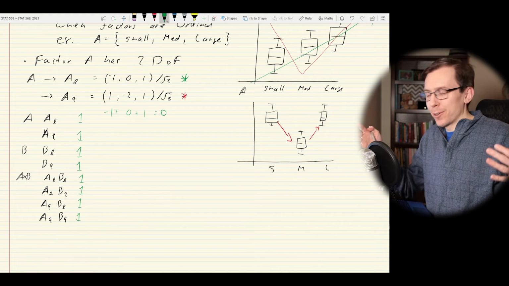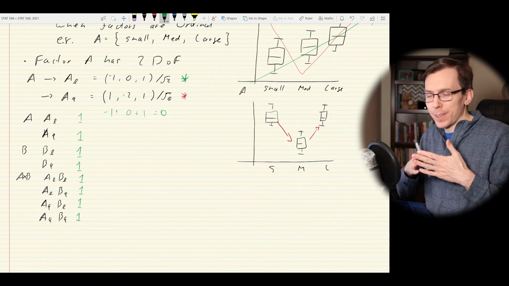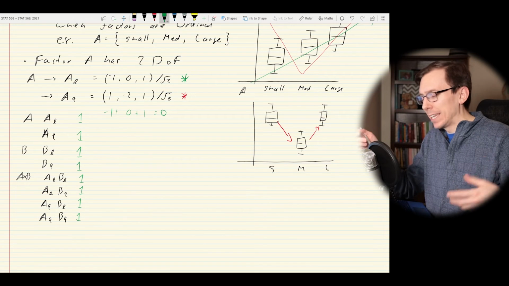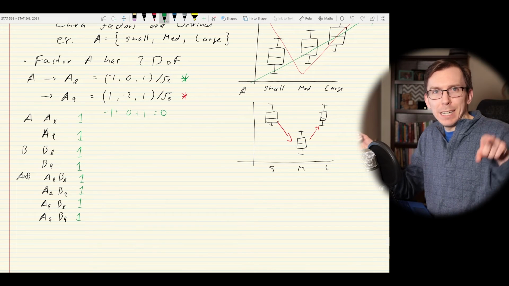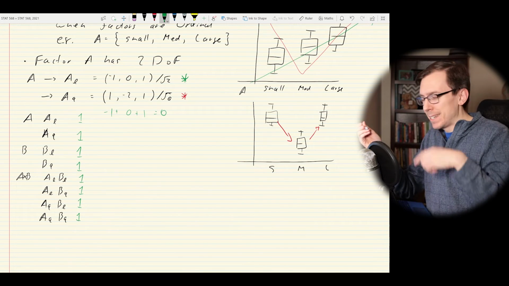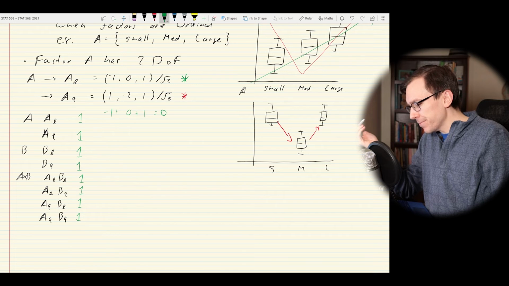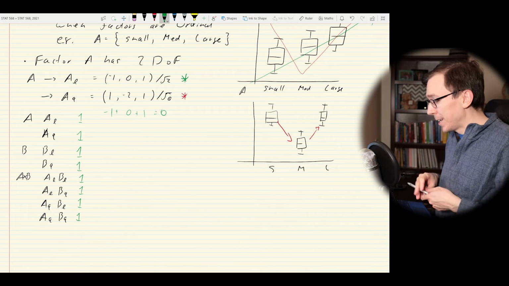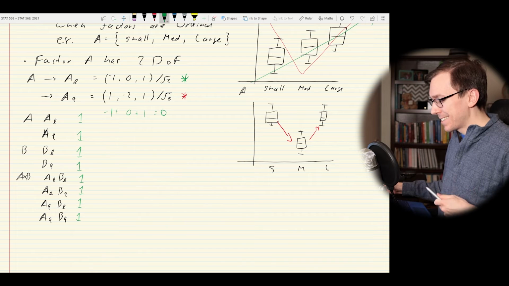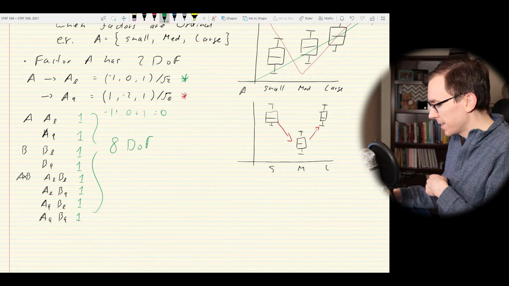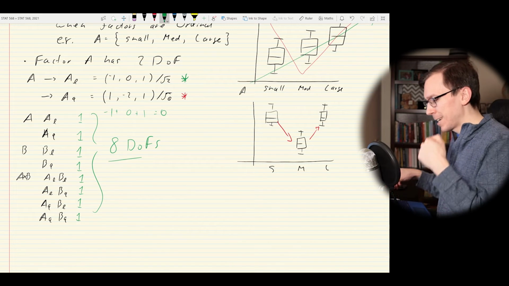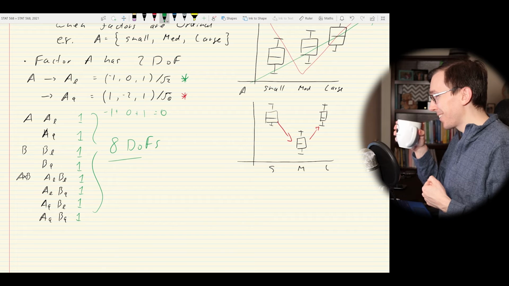If we went to higher order contrasts, if we had more than 3 levels, we could continue to develop orthogonal polynomial contrasts, which are just going to keep looking like jagged ups and downs. And in that case, we have all of our 8 degrees of freedom here, which is, once again, we haven't lost any degrees of freedom. We're testing something with every single one of them. Great.